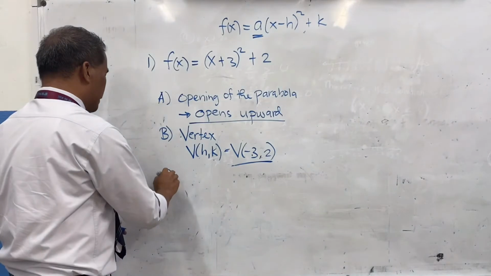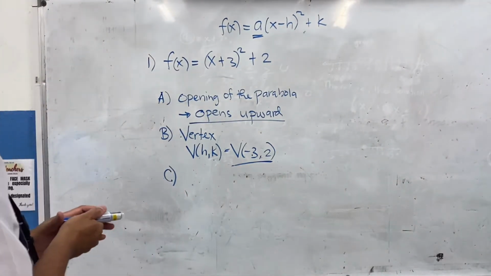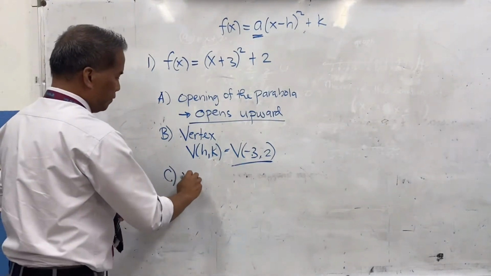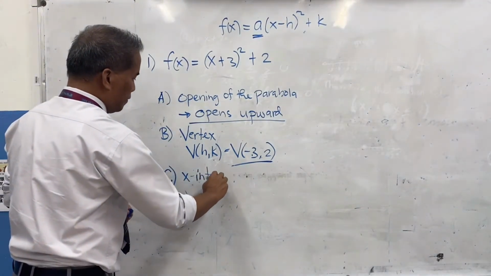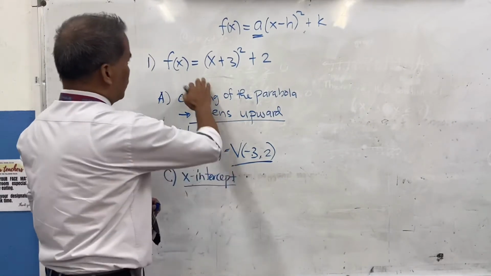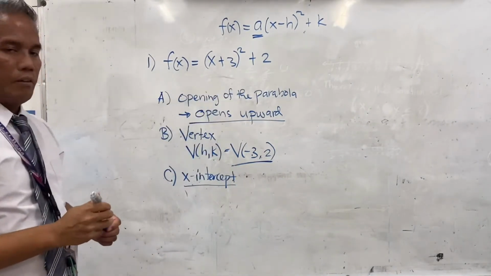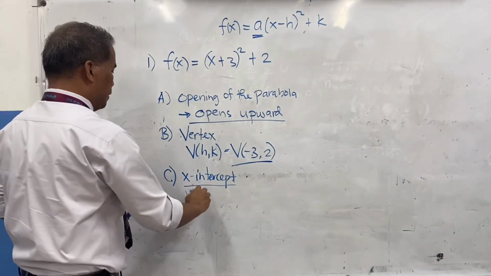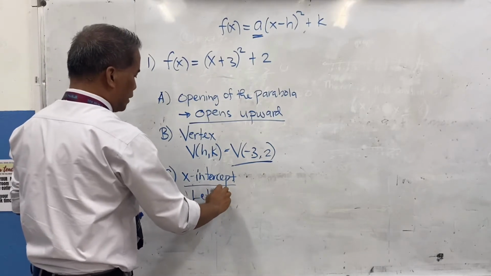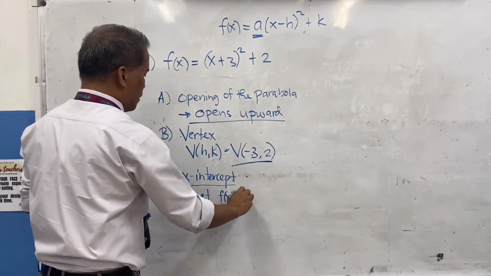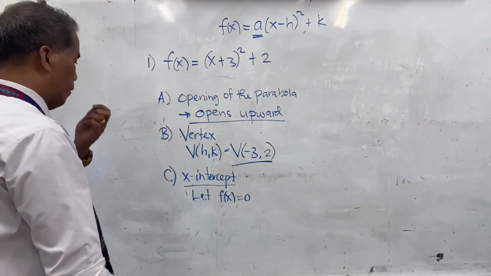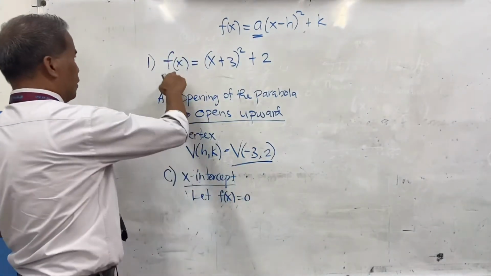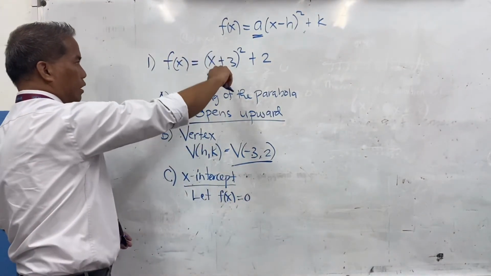Next, letter C. We are going to look for the x-intercept. To find the x-intercept of this quadratic function, we are going to let f of x equal 0, or simply let y equal 0. So y equals quantity x plus 3 squared plus 2.